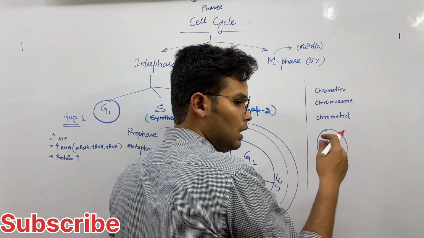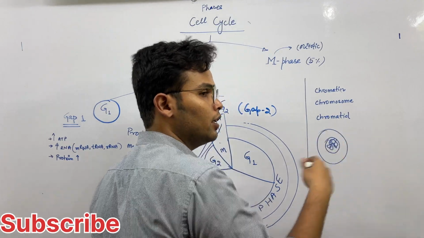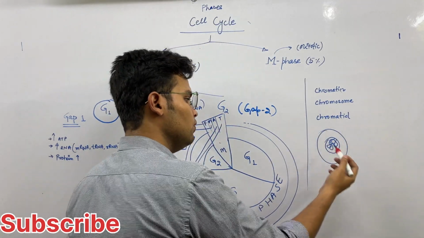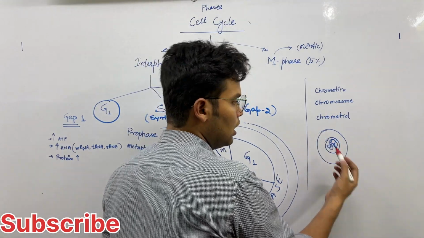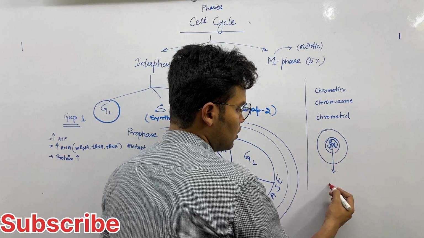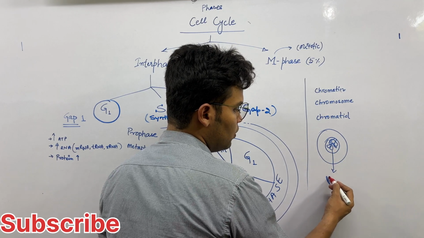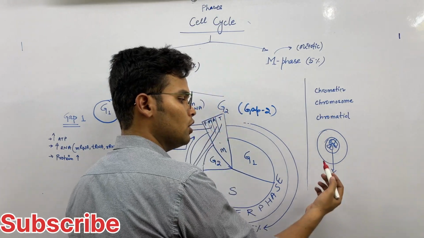When the cell starts to divide, or enters into the cell cycle, it leads to the condensation of these chromatin threads, and that condensation leads to the formation of chromosomes, and these chromosomes have this structure.